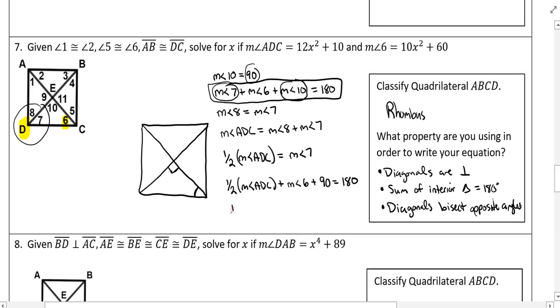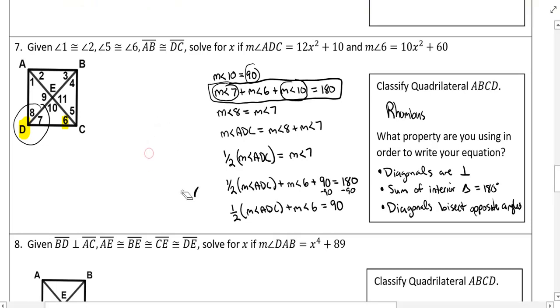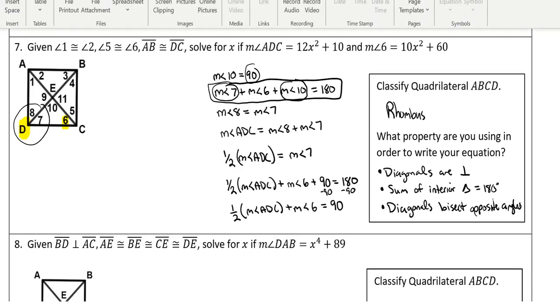And from that, half of the measure of angle ADC plus the measure of angle 6 is going to equal 90. I just subtract 90 from both sides. Okay, so that's what I needed, and now I'm going to clear the spot a little bit to get to some solving.